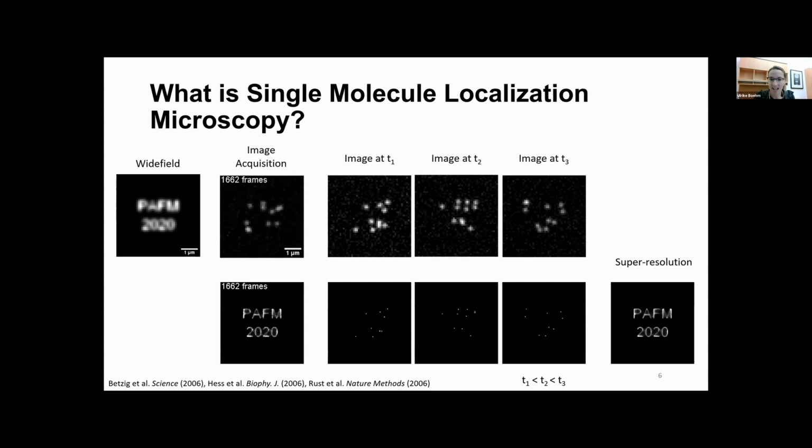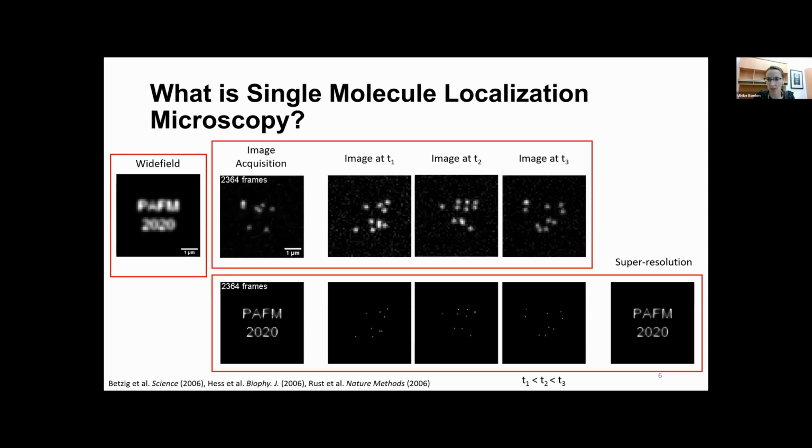Based on that information about the localization and its uncertainty, when we add up all these signals in the end, we can create a super resolved image. And that's exactly what single molecule localization microscopy is based upon.